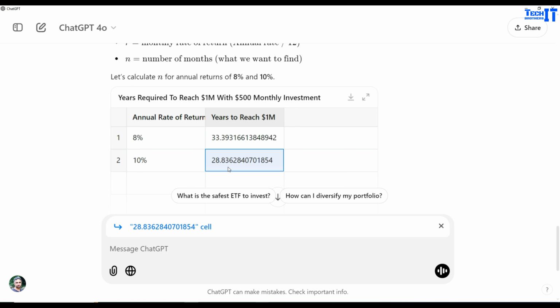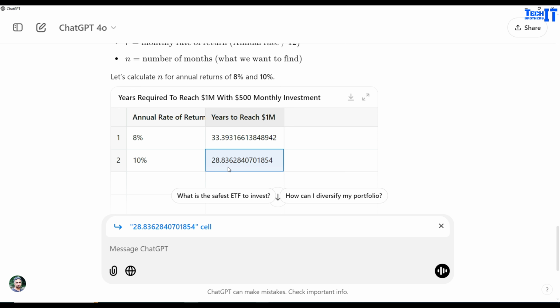If I'm thinking like, hey, 1 million is the number that I need to achieve, and I need to retire with 1 million, and I will start investing $500 every month, and will not worry about anything else, just letting it go. And maybe sometimes I have more return, sometimes less return, but in 28 years I will have $1 million in my pocket, and then I can retire, and then maybe at that time it will not be enough, I'm not sure, but anyways, this is just a calculation that I'm giving you.